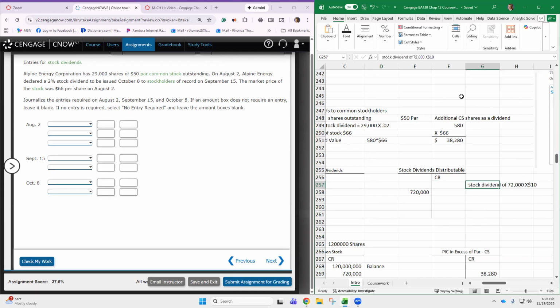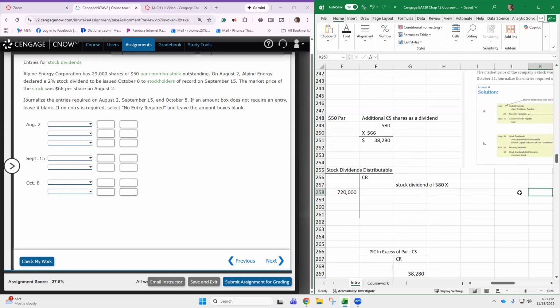The number of additional shares that we're sending out is the 2% times the number of shares that are out in the hands of investors. So we got 580 shares. And I'm trying to remember what I did here. All right, so we're going to send that out. Let me look at my little picture here.